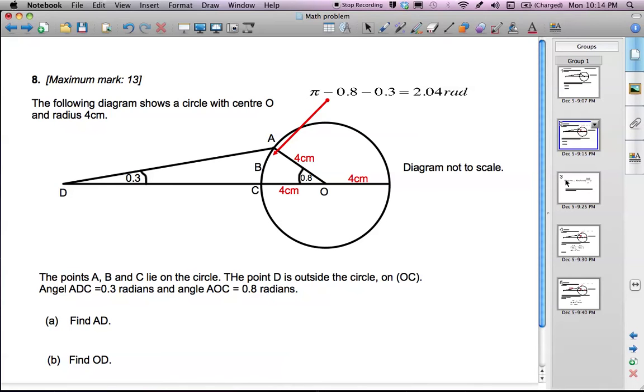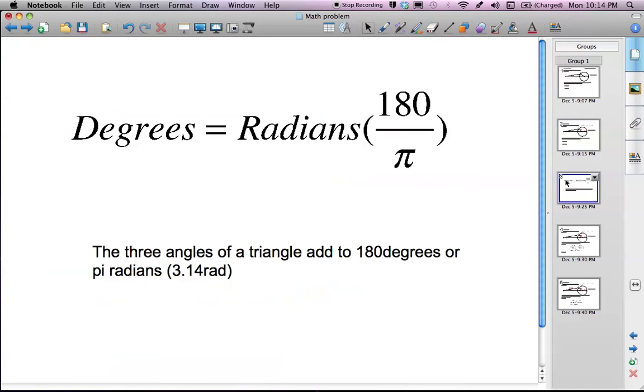In case you're a little bit unsure of working with radians, you can switch all of the angles to degrees. This may be easier to figure out the third angle, because then it's just 180 minus, I believe the angles turn out to be 17.2 and 45.8, leaving the third angle as 117 degrees.